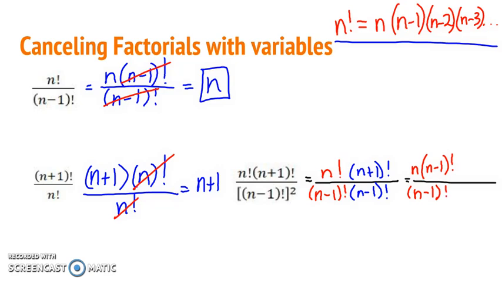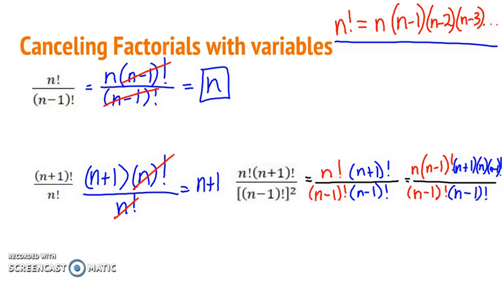Now up top, I've got an n plus 1 and I've got an n minus 1. n plus 1 would be bigger than n minus 1, so I'm going to expand that. n plus 1 times, the next thing after n plus 1, remember, is n, times n minus 1 factorial. And then on the bottom, I already have an n minus 1 factorial.